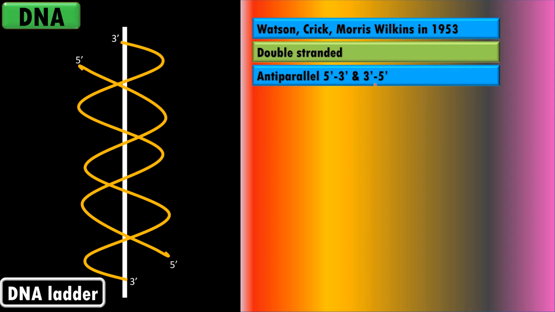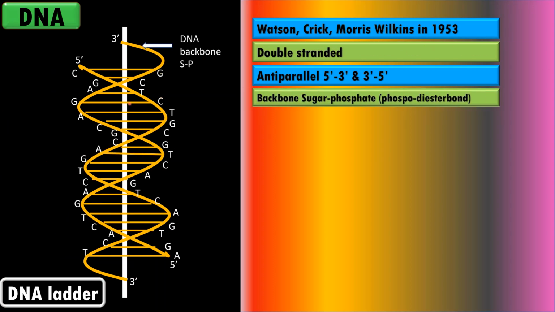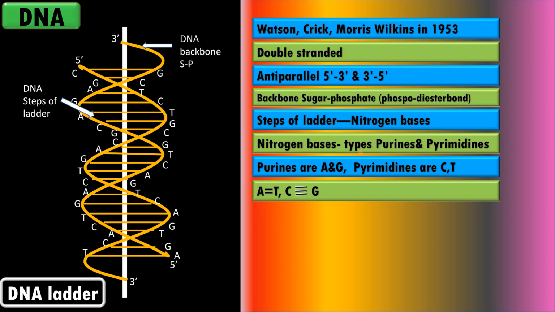Now this looks like a ladder. The steps of the ladder are made up of nitrogen bases. There are 2 types of nitrogen bases in the DNA, that is purines and pyrimidines. Purines are adenine and guanine, whereas pyrimidines are cytosine and thymine. In case of DNA, A pairs with T with 2 hydrogen bonds, C pairs with G with 3 hydrogen bonds.